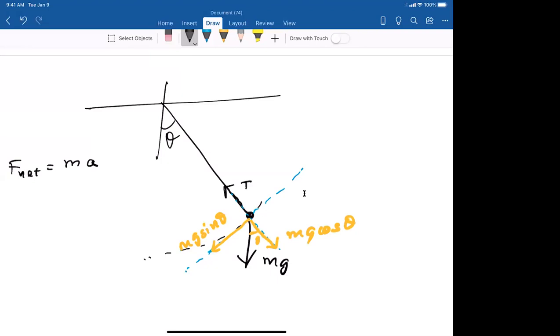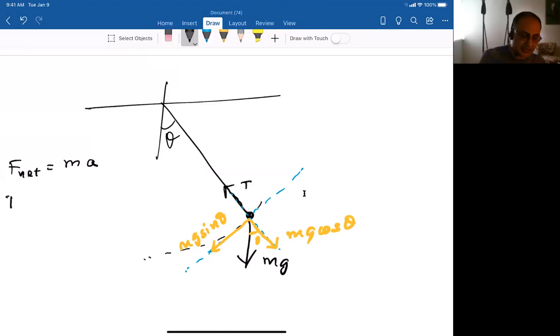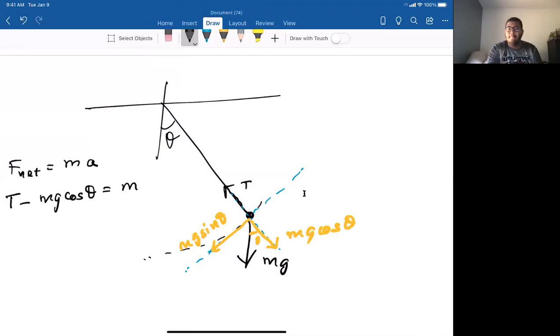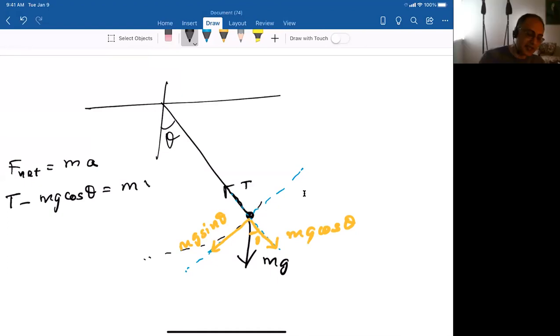Oh, and plus tension. Exactly. So T minus mg cosine theta is equal to mass times, what's the acceleration in the radial direction? Your centripetal acceleration. Exactly, which is v squared divided by r. V is the instantaneous velocity at that particular location. V squared divided by r. All right, so I'll call it L instead of r, because that's the radius in this case.